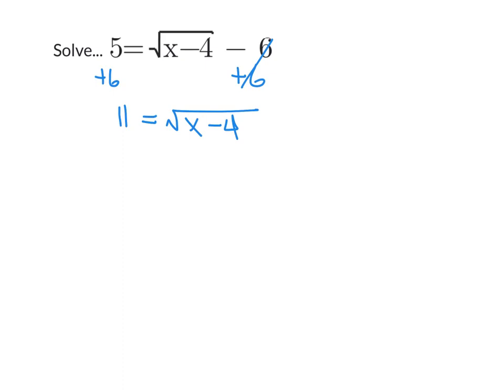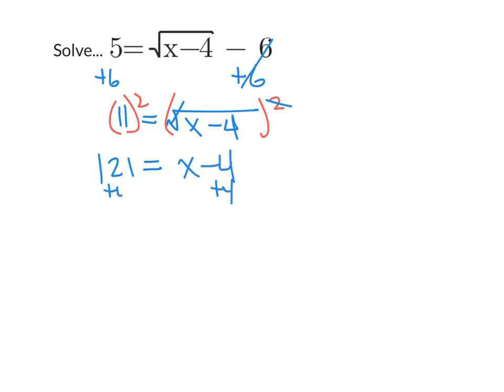But in order to get rid of a square root, we have to do its inverse, square both sides. That means that 11 squared is going to be 121, and the square root of x minus 4 squared, these cancel, leaving us with x minus 4. So we finish this up by adding 4 to both sides, and x is equal to 125.